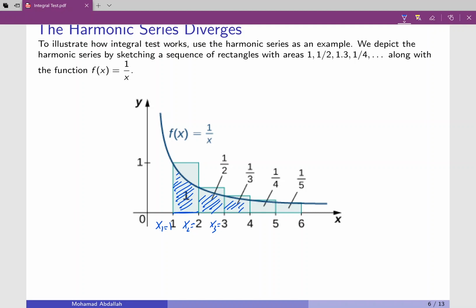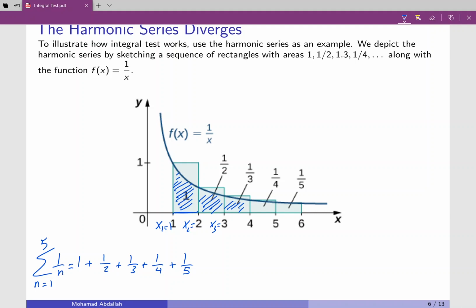So for example, you can see the following: 1 plus 1 over 2 plus 1 over 3 plus 1 over 4 plus 1 over 5. Do you see that sum right here? This is the sum from n equal 1 to 5 of 1 over n.